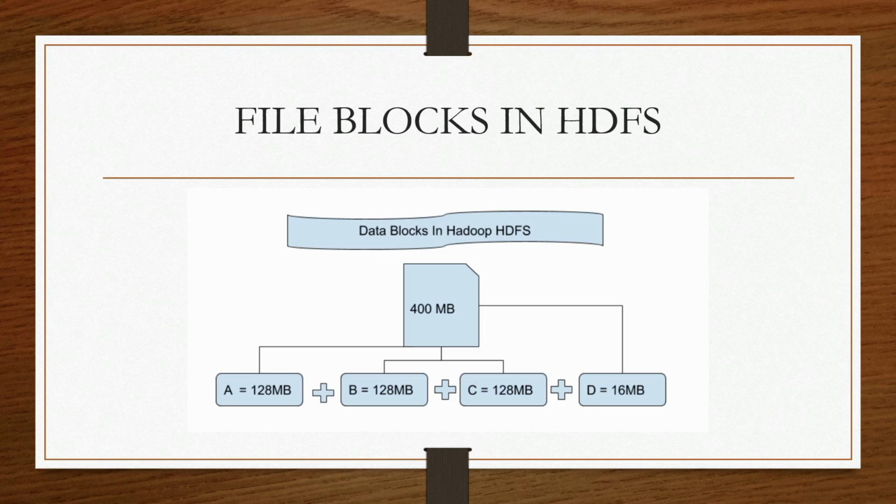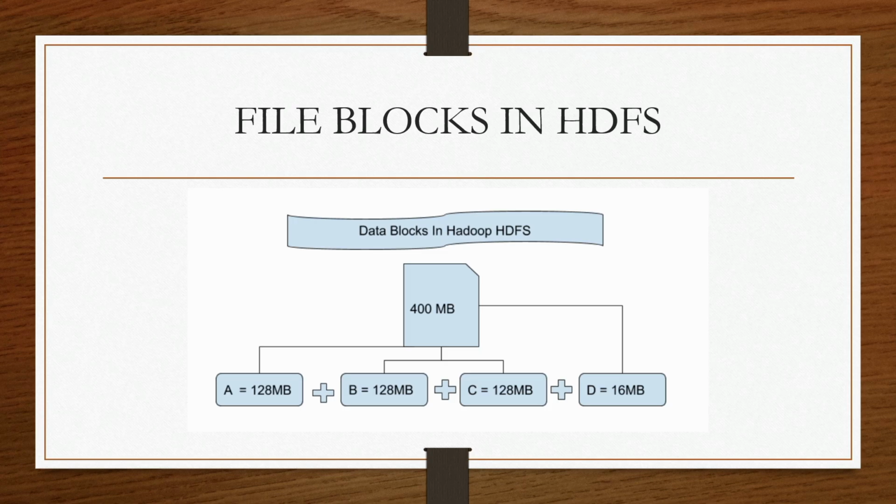Let us understand this concept of breaking down of files into blocks with an example. Suppose you have uploaded a file of 400 MB to your HDFS. Then this file gets divided into blocks of 128 MB, 128 MB, 128 MB and 16 MB, which is equal to 400 MB. This means 4 blocks are created, each of 128 MB except the last one.